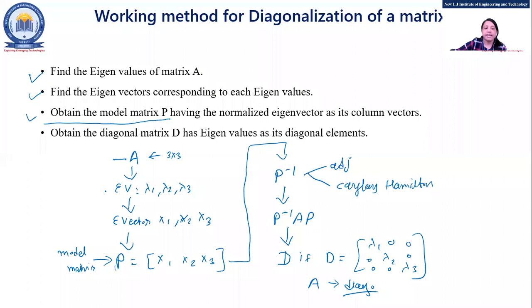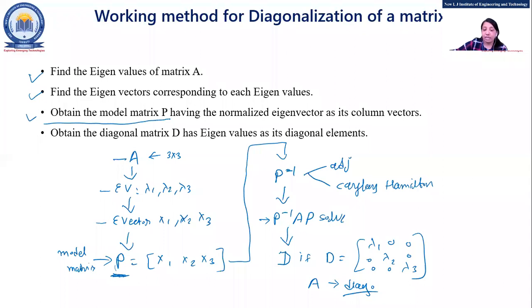The process you need to remember in this way, flowchart wise, then it will be very easy for you. Some matrix is there, find the eigenvalues, find the eigenvectors. From the eigenvectors, construct a P matrix, that is called a modal matrix, arranged as x1, x2, x3. After that, find P inverse, either using the adjoint method or the Cayley-Hamilton method, in any way you can find P inverse. Then you need to solve P inverse AP.